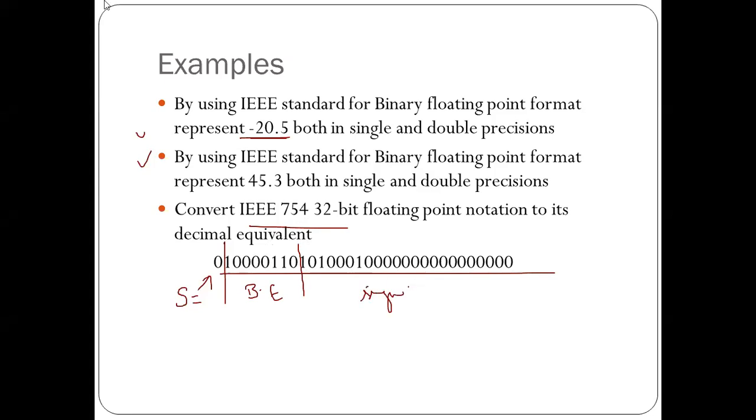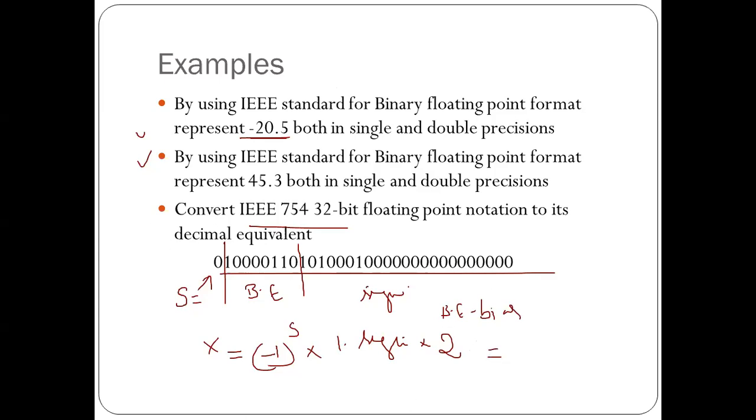So now what is your decimal number? Your decimal number is equal to minus 1 whole power s into 1 dot your significand field into 2 power true exponent, which is nothing but biased exponent minus bias value. So just replace all the values.